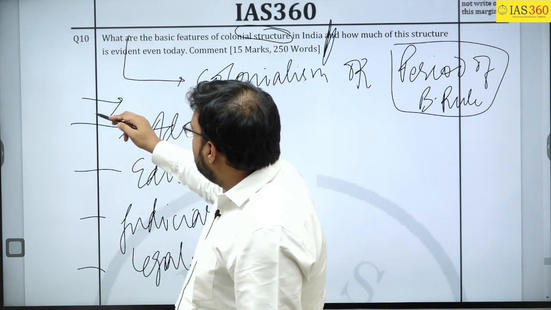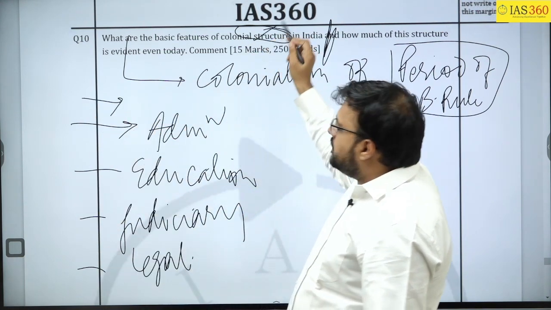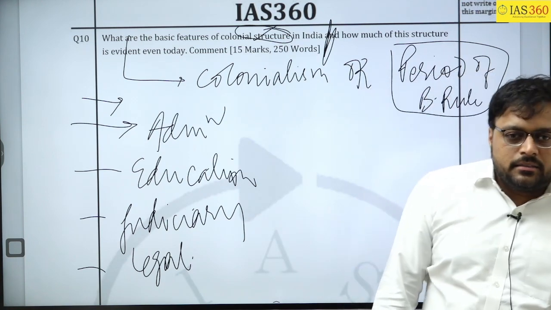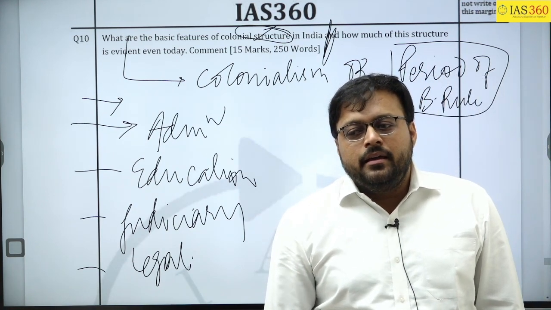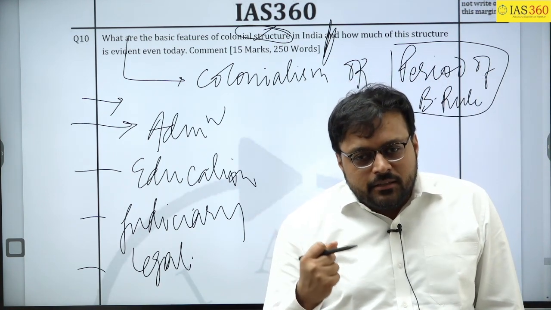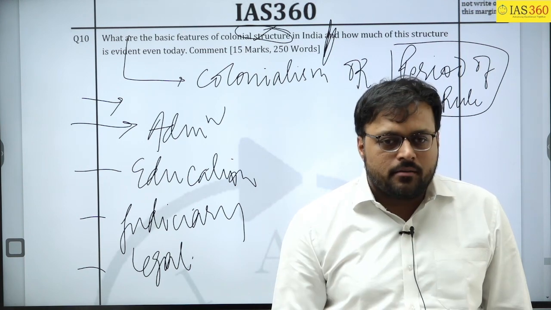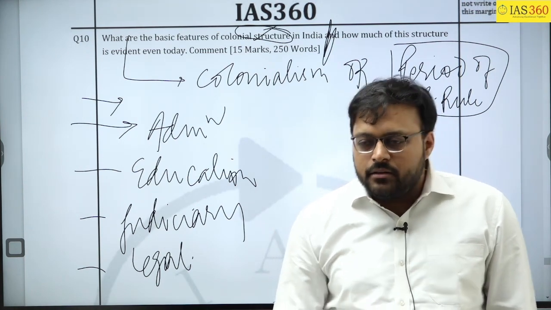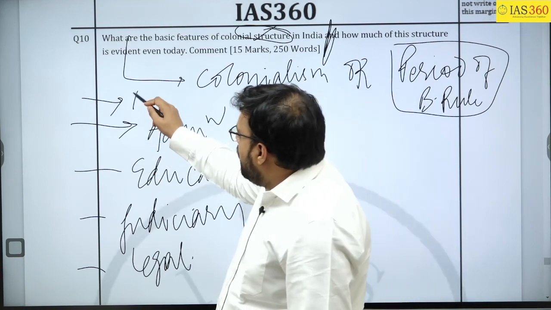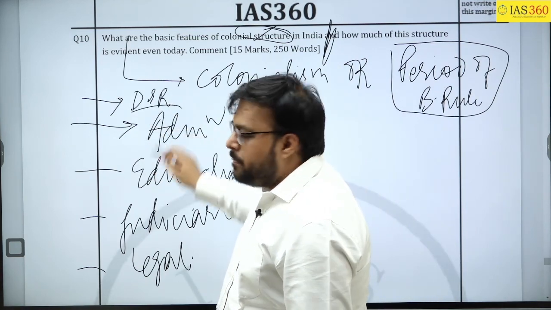Urban planning. Again, colonial structure का मतलब वो नहीं है. Colonial structure का मतलब है कि what was the policy of the Britishers to rule over us. Okay, ये structure वो structure नहीं है. You can talk about the divide and rule policy.